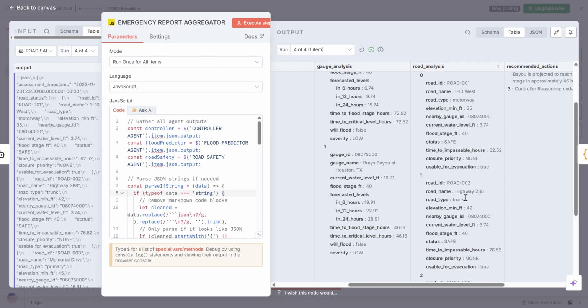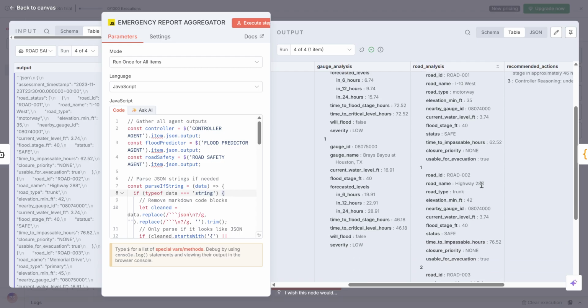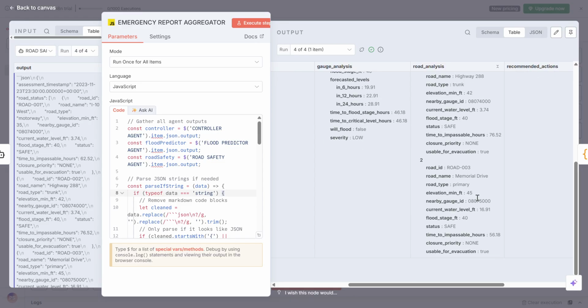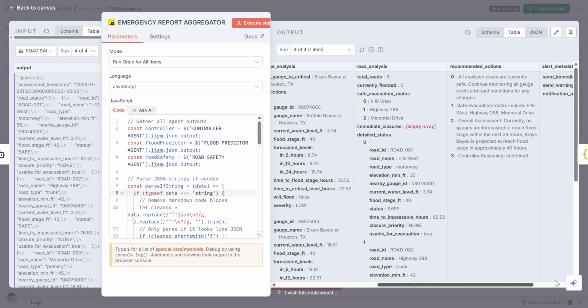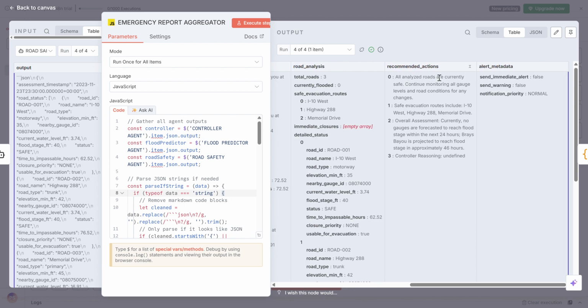It is given for the motorway, road O2, that is Highway 288 for the trunk, and the Memorial Drive as a primary one. Recommended actions is provided, so all analyzed roads are currently safe. Continue monitoring the gauge levels. Safe evacuation routes, they have mentioned all three of them because there is no current threat as of now. The overall assessment is given. Currently, no gauges are forecasted to reach the flood stage within the next 24 hours. And the controller reasoning is undefined as of now.